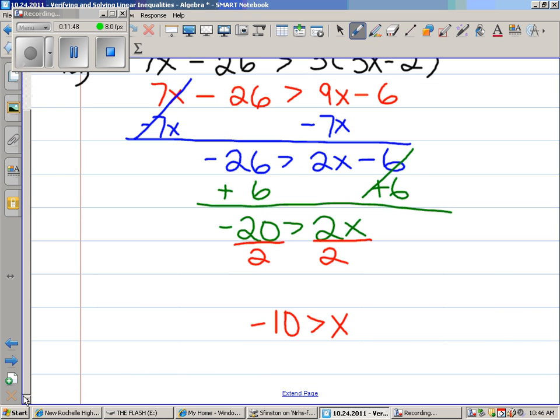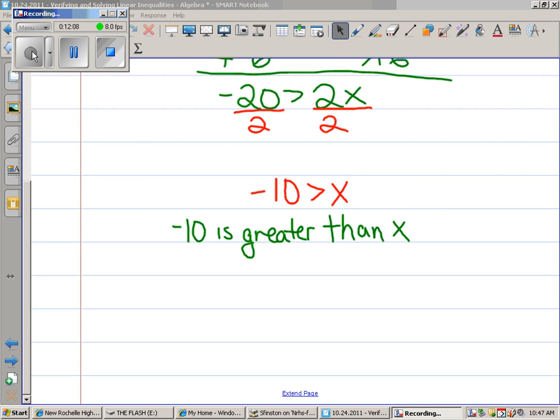Let's see if we can try and read that. How does that read? Alexis. Yeah, negative 10 is greater than x. Very good. Really great job. Let's talk. Is this the same thing as this?